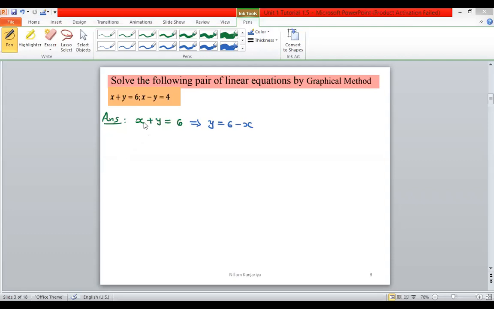This is your x and y, so make a table. Always, students, make a table like this. You can use the scale, because I told you last time, for such an equation you need a square.